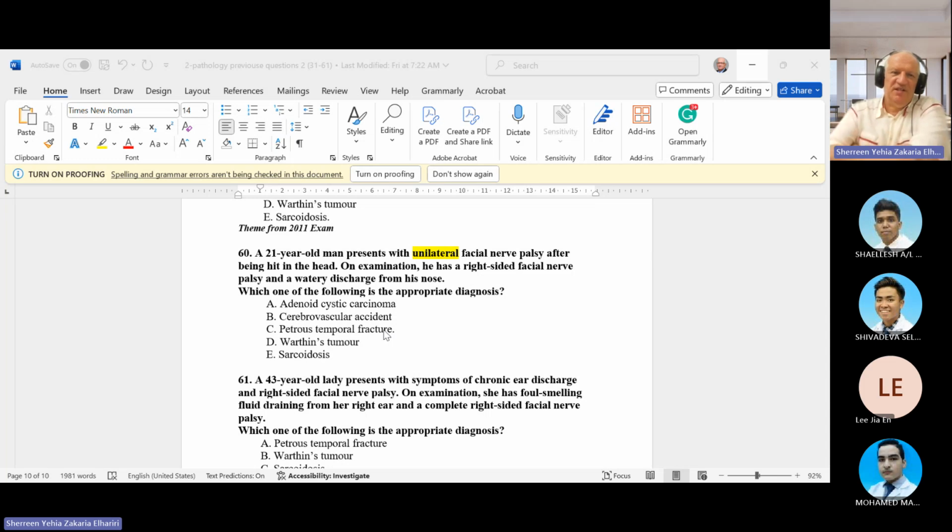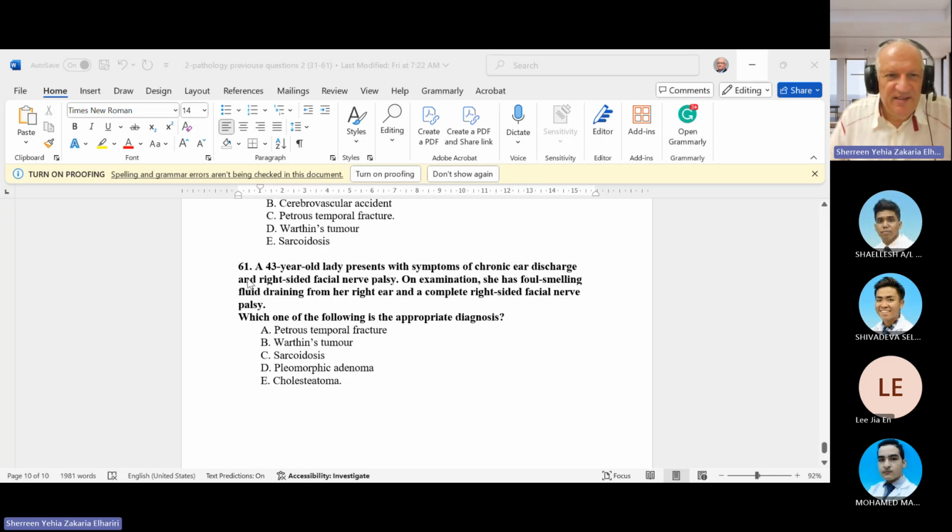A fracture in the petrous temporal bone can affect the facial nerve, and it is usually unilateral. It must be severe trauma, characterized by raccoon eyes, Battle sign behind the ear, CSF coming from the nose or the ear, and all these are indications of a fracture of the base of the skull.